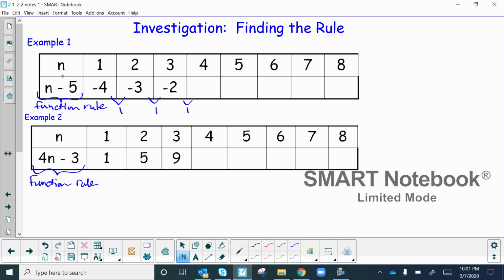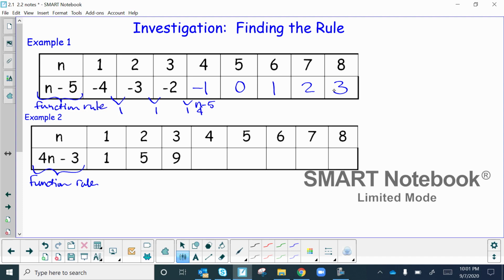It's going to go up 1. And we don't even really need to use that rule unless we really want to. For 4n minus 5, we would plug in the 4 right there. 4 minus 5 is -1. Or like we said, it's going up 1 every single time. So the next ones would be 0, 1, 2, and 3. Pretty easy rule there, to add 1 every time.